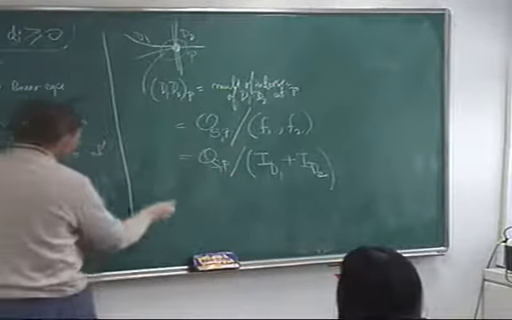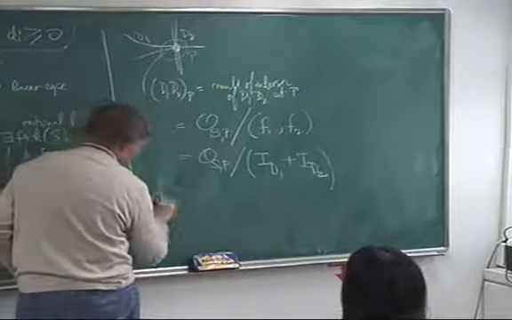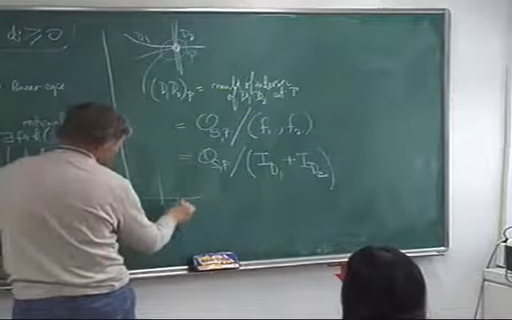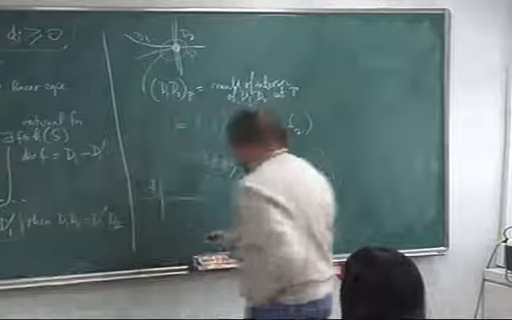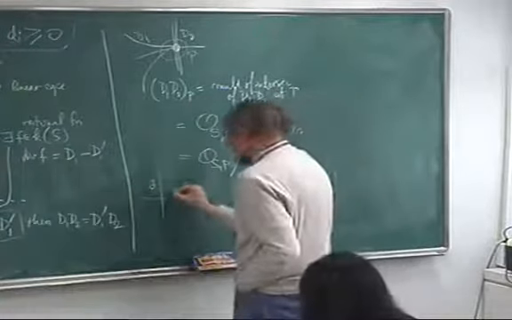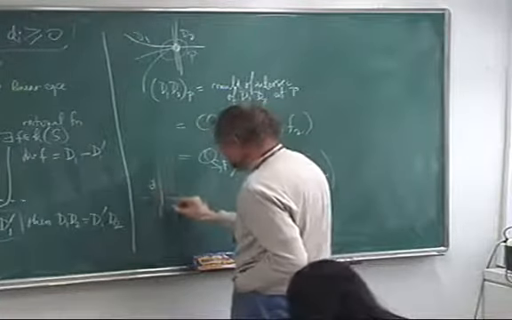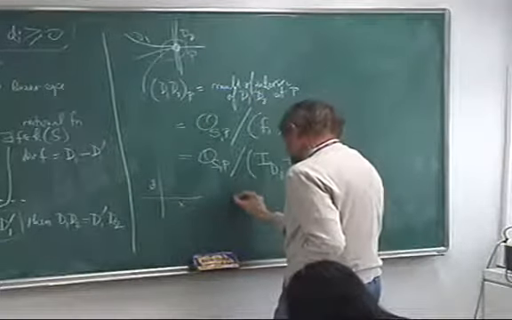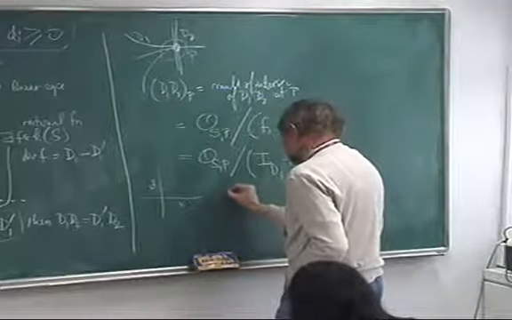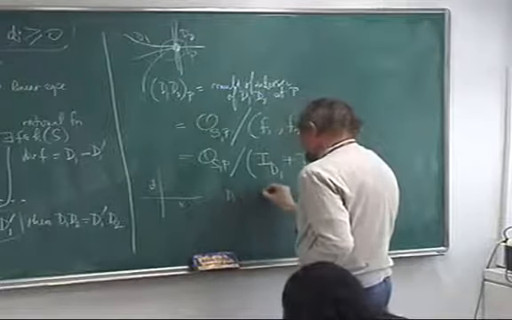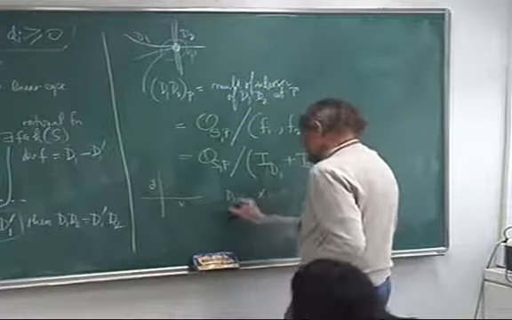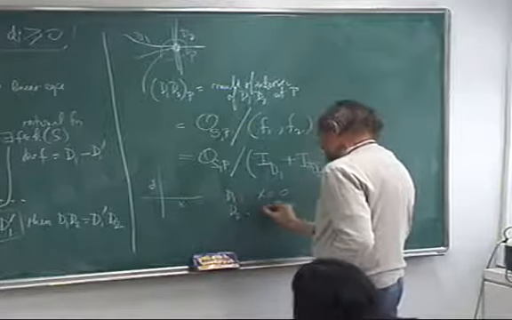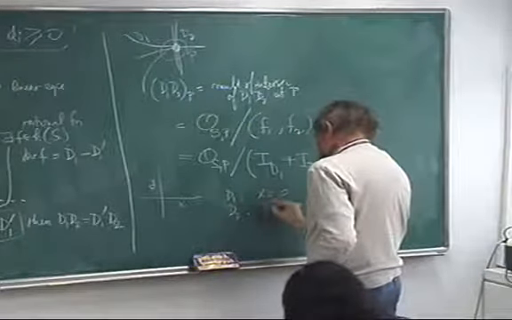If I'm just doing the local picture in the xy plane, in the affine plane, I might have, for example, D1 given by x equals 0, and D2 given by y squared equals x cubed.